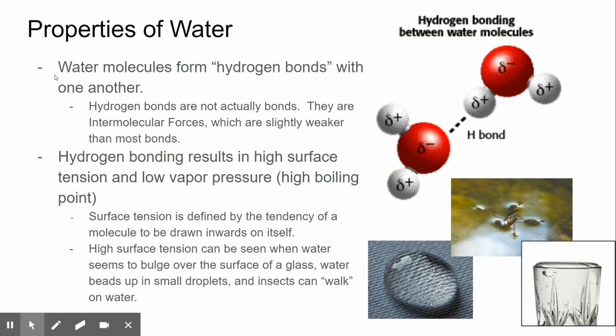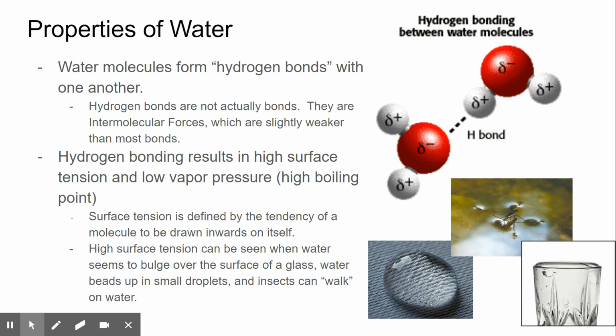Now, because of that, water forms hydrogen bonds with itself. Hydrogen bonds are intermolecular forces. We don't talk about intermolecular forces in depth in this class. We're not going to talk about all the different types, just this one.